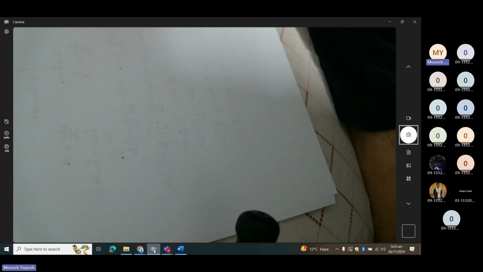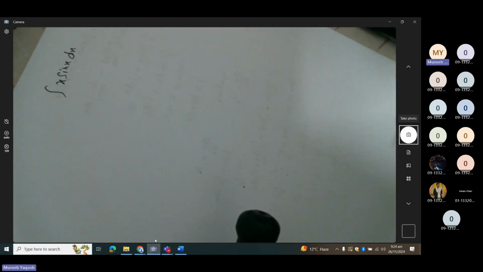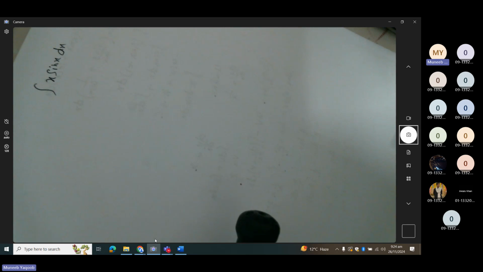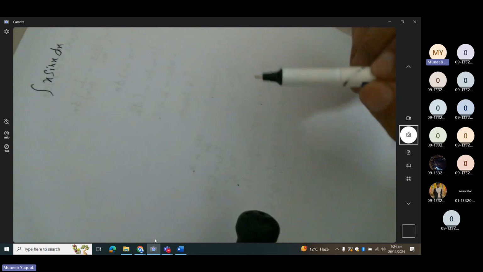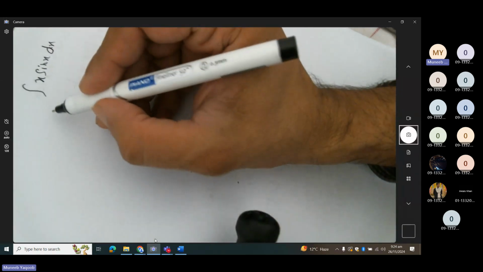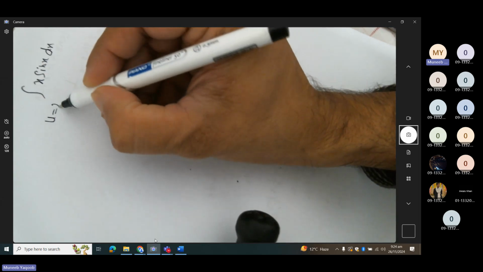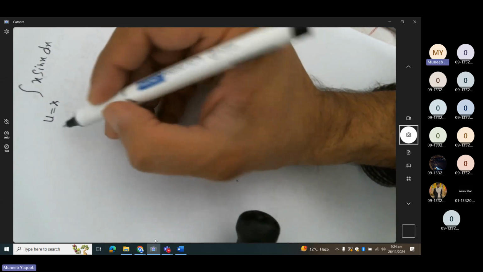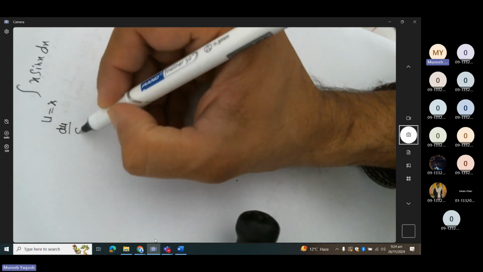Coming back, so we are to integrate the product of x and sine x, basically x sine x dx. So again, we will take one function as u. We will take x as u, so we will write u equals x. Then we will differentiate this, so we will find du by dx.